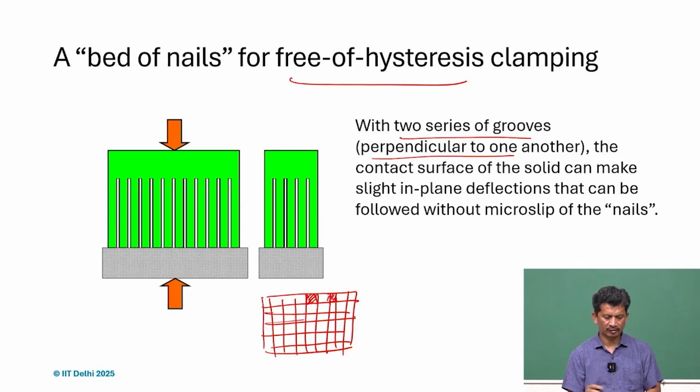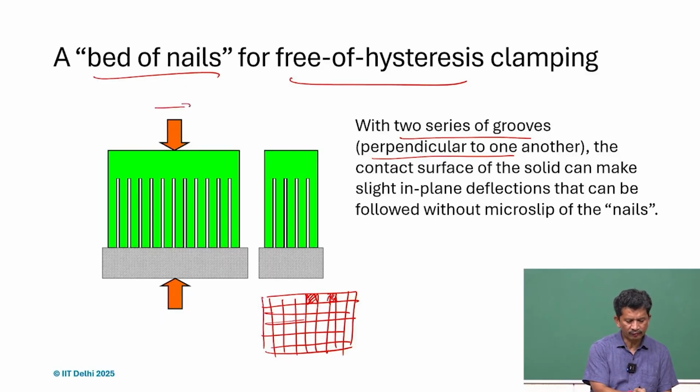So that's why we are calling them nails. So it appears as a bed of nails, and then we are clamping it. What is good about it is it can move in this way and this way. So if we just look at it, it can have this slight movement and it will be elastic.